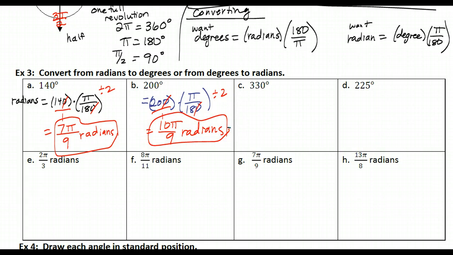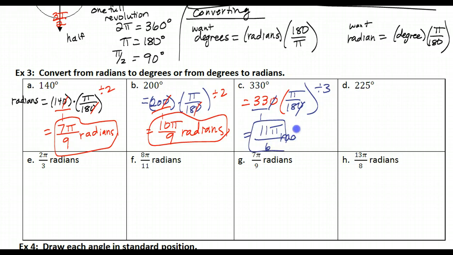All right, here's another one, 330 degrees. So 330 times pi over 180, cancel out the zeros. Now this one's a little less obvious, but 33 and 18 can both be divided by 3. 33 divided by 3 is 11. 18 divided by 3 is 6, so 11 pi over 6 radians.